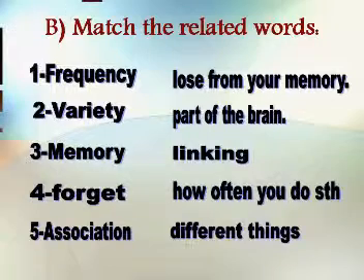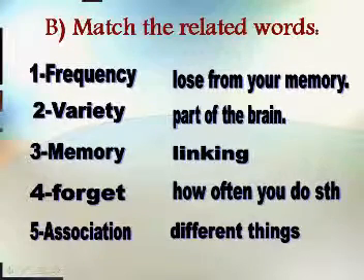Okay, I hope that's enough. Frequency, of course, as we said in the beginning, is how often you do something. Next, variety. Variety means different things, of course. Memory. Very good students. Memory is, of course, part of the brain.